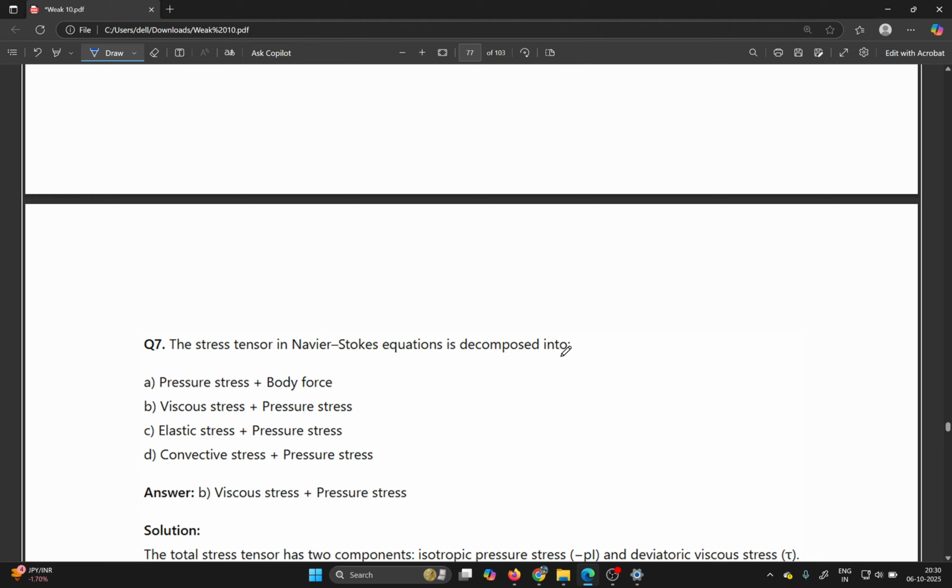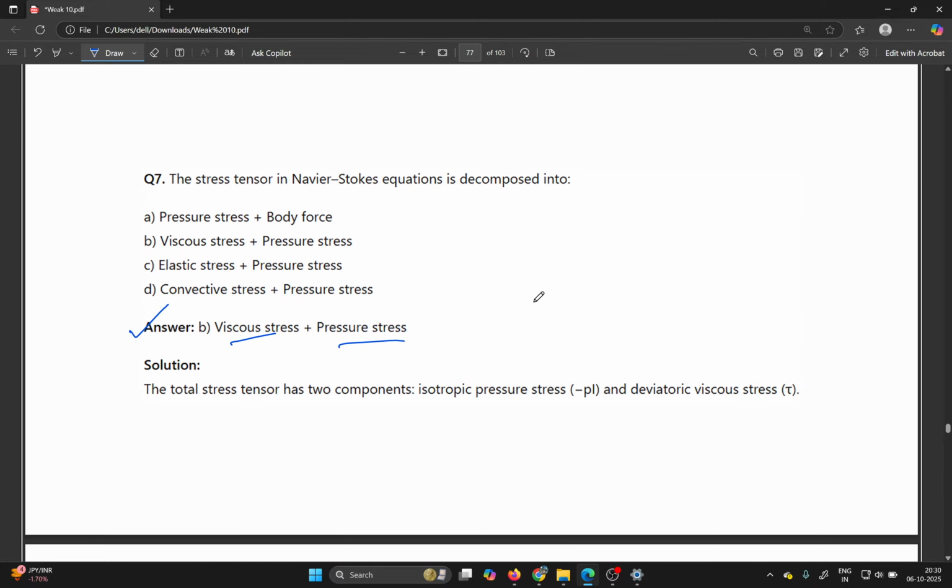So your B option will be correct. The stress tensor in Navier-Stokes equation is decomposed into viscous stress and pressure stress. Viscous and pressure stress. Remember.